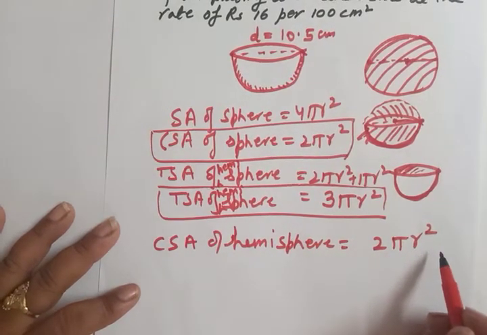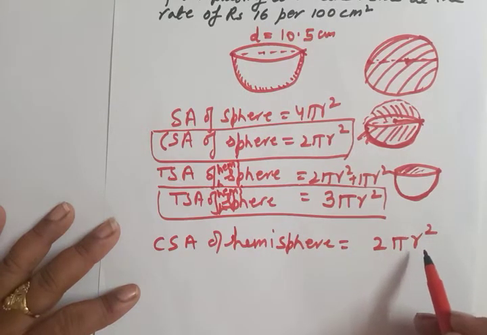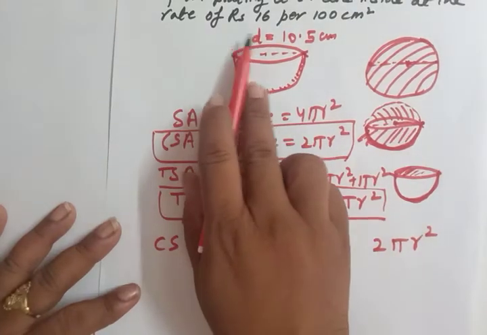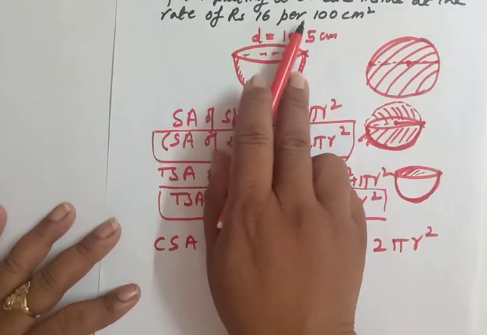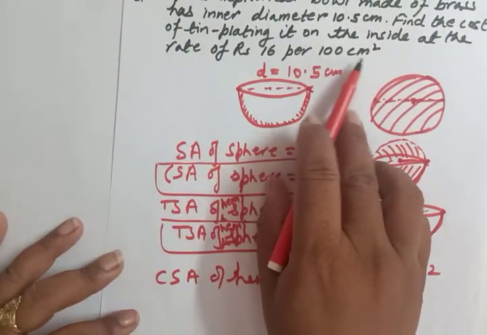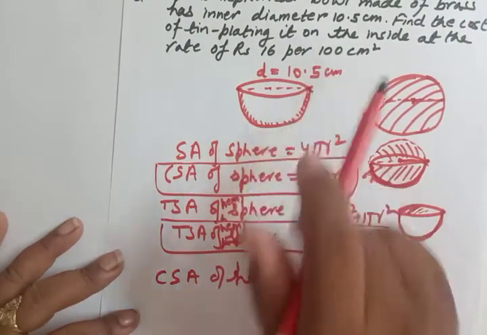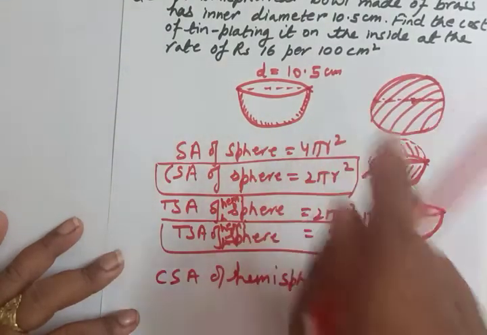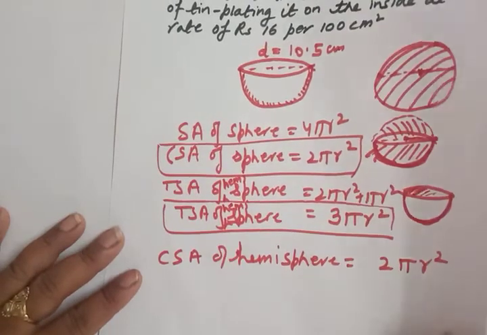As I already told you in my previous video, surface area always comes in square units. Here the cost is rupees 16 per 100 centimeter square. It means 100 centimeter square is of rupees 16, so 1 centimeter square will be rupees 16 upon 100. We need to use the unitary method.